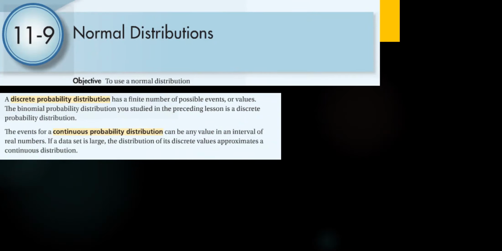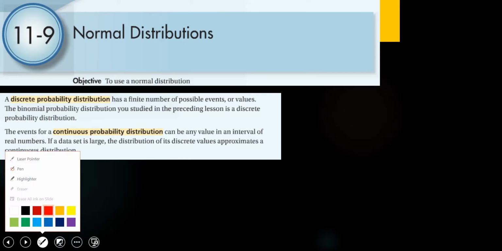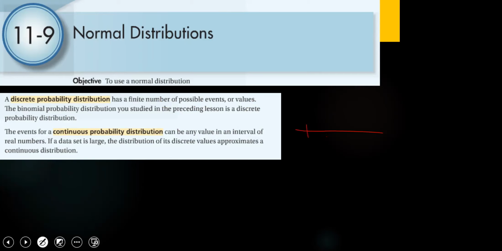That means, when I talk about blood type as an example, that's positive A, negative A, positive B, negative B, positive AB, negative AB. So they are discrete. They can be drawn like this. So for this type of probability, we call it discrete probability distribution.